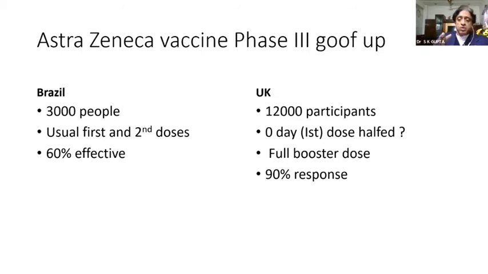How did the goof up with the phase 3 trials of the AstraZeneca vaccine come into the picture? The phase 3 trials were going on in Brazil, where about 3,000 people were vaccinated, and the usual first and second doses were given, and it was found to be nearly 62% effective. In the UK, 12,000 participants were given the vaccine.